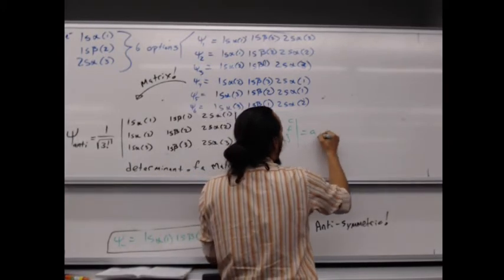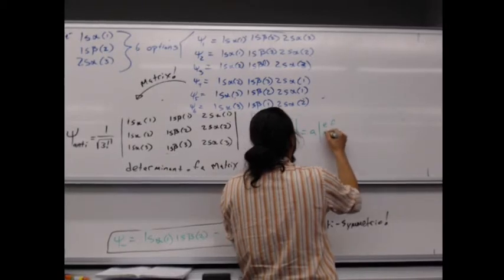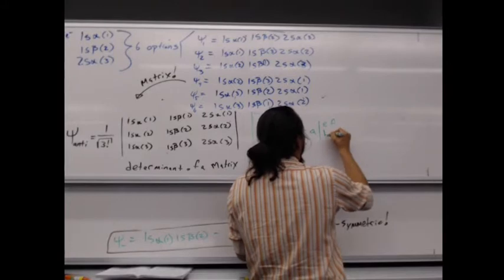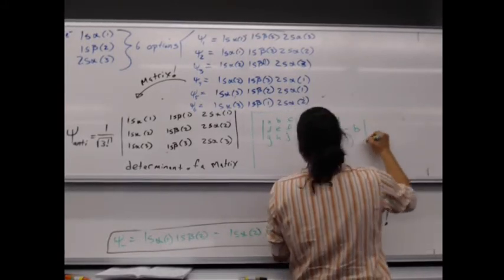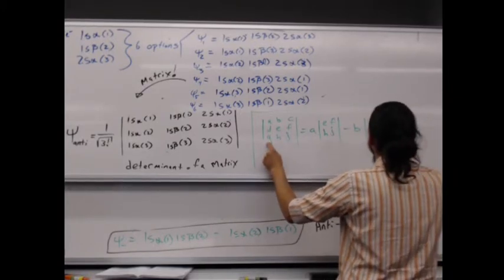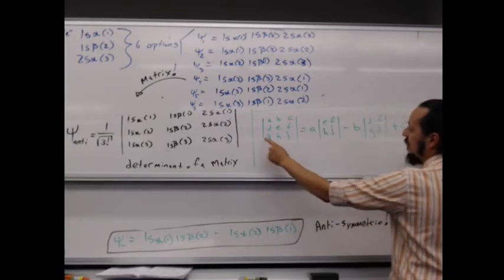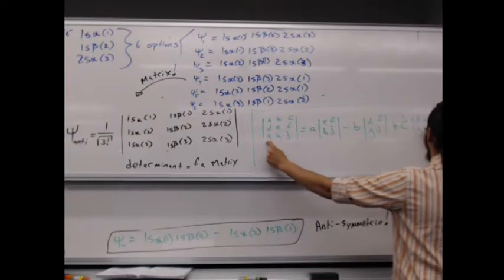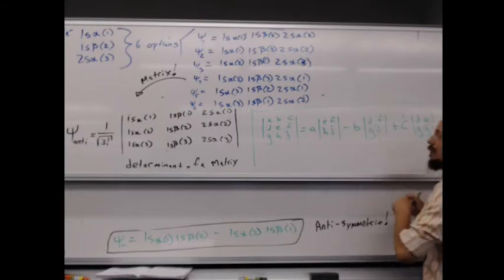This would be equal to A times the determinant of E, F, H, J, minus B times the determinant of D, F, G, J, plus C times the determinant of D, E, G, H. And then we'd have to do each of these.